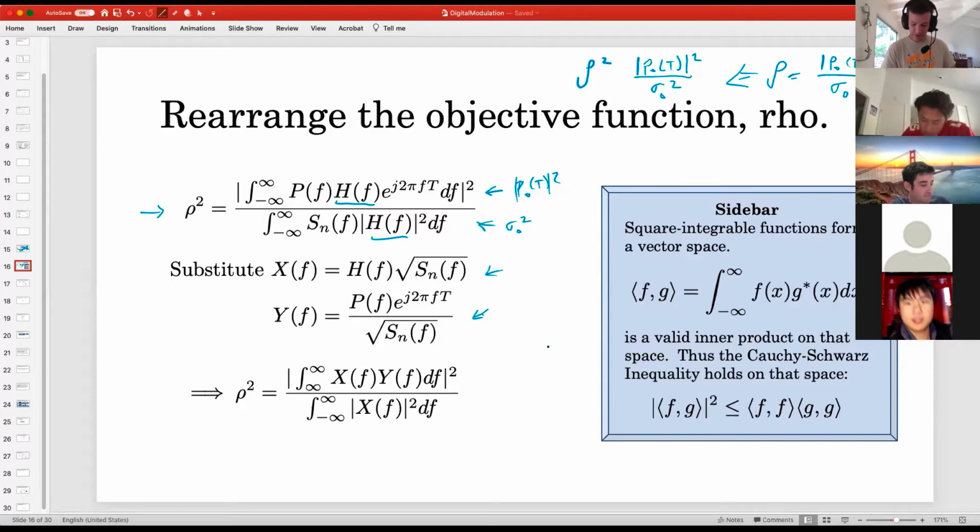What I'd like to take a moment to observe is thinking about functions as vectors. So I'm going to jump over here into the sidebar. One way to think about what are called square integrable functions, you and I know these as energy signals.